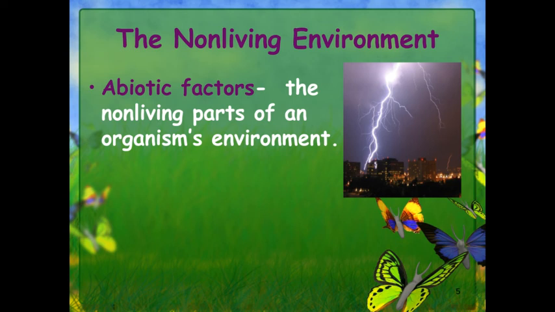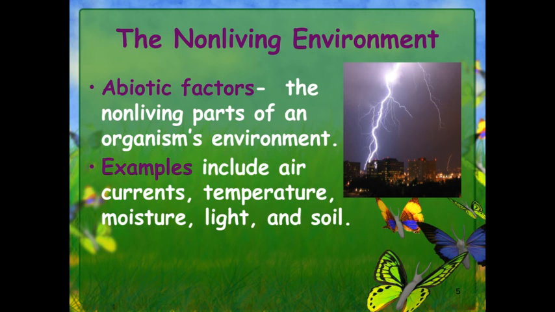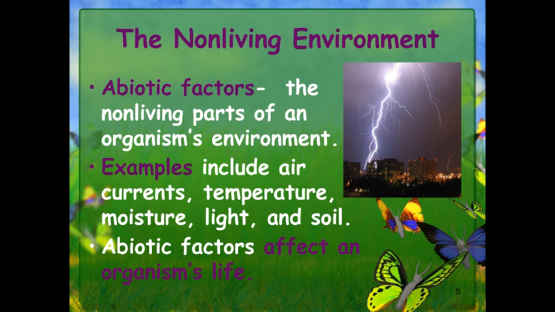So, in addition to different living factors in an environment that's going to impact a living thing, there's also abiotic factors. So, the water, sunlight, temperature, this lightning you see here right now, all of these things will definitely impact an organism. These abiotic factors also come into play with the biotic factors.